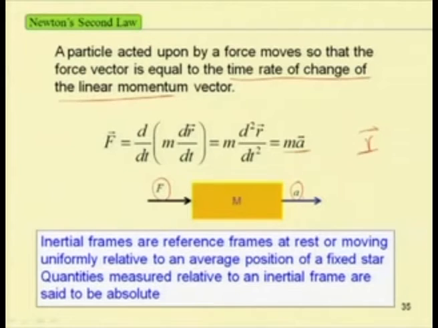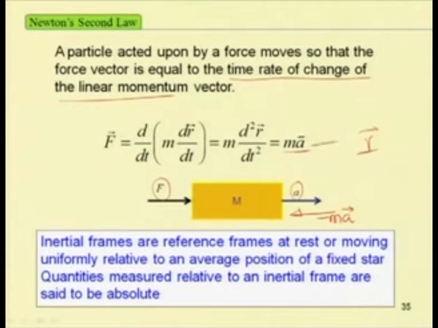But if in a moving system, let the system be moving with an acceleration a. So, if a force of minus m a is applied to the system, then the body can be in equilibrium. So, F minus m a will be equal to 0.